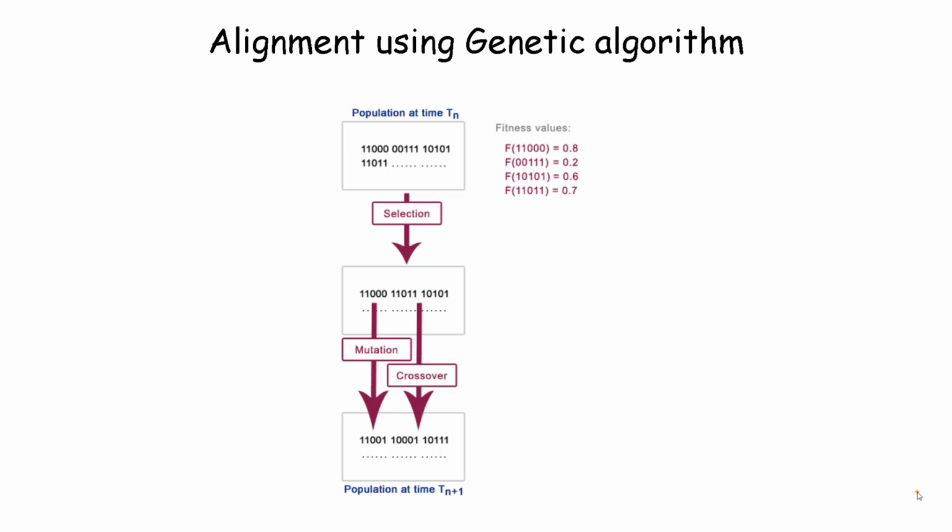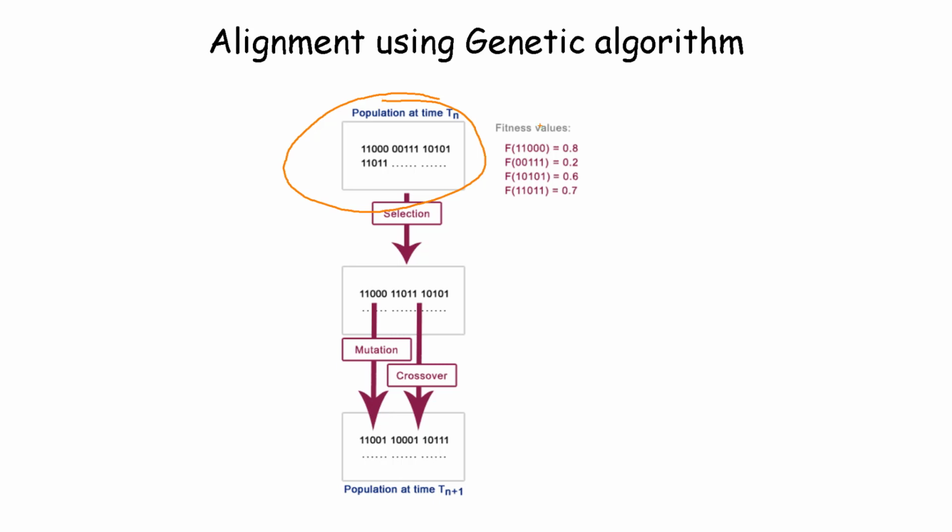We maintain a population of solutions and evolve these solutions over many generations in order to improve them and find a better solution. Here, each individual in the population is a multiple alignment of the sequences, a possible solution to the multiple alignment problem.